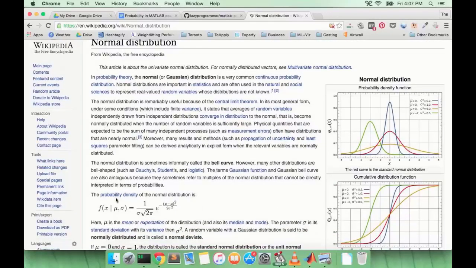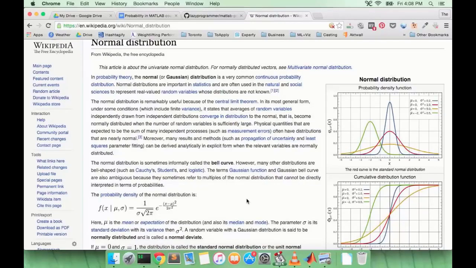So this formula you see here is the PDF of the Gaussian distribution. Notice how they also use the little f notation on Wikipedia. The interesting thing about the Gaussian distribution, so we talked about last time that the mean and the variance are two special numbers that help us describe what a continuous distribution looks like.